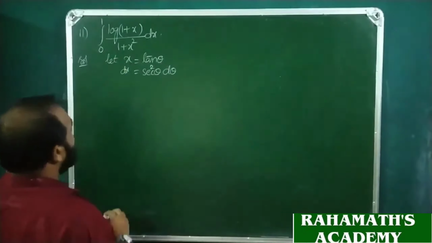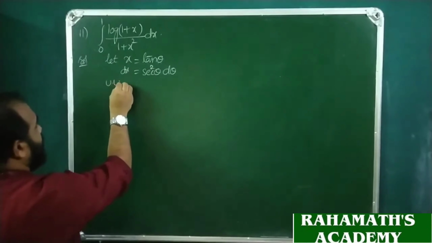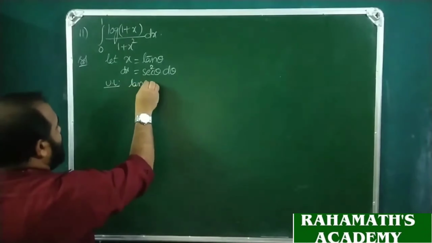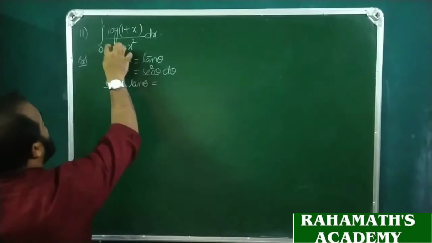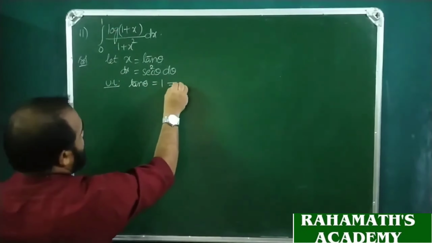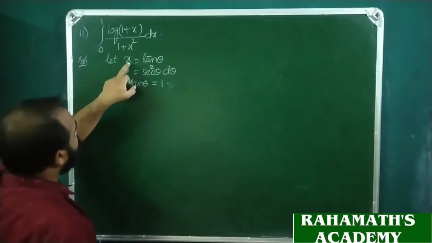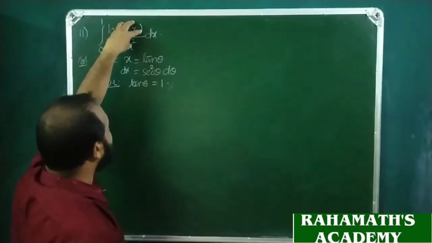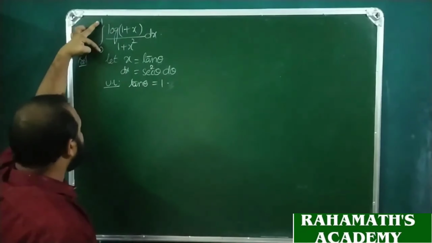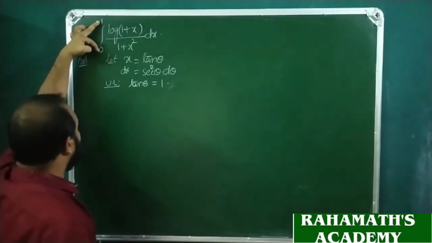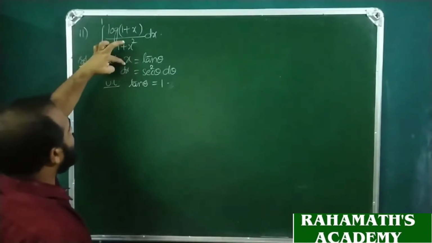Now changing the limits as well. Upper limit: tan theta equals 1. The limits 0 to 1 are limits of x only.